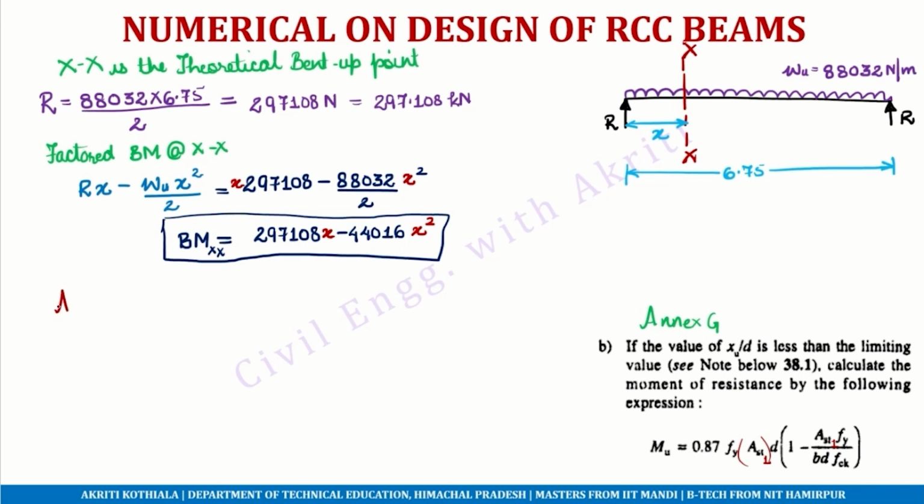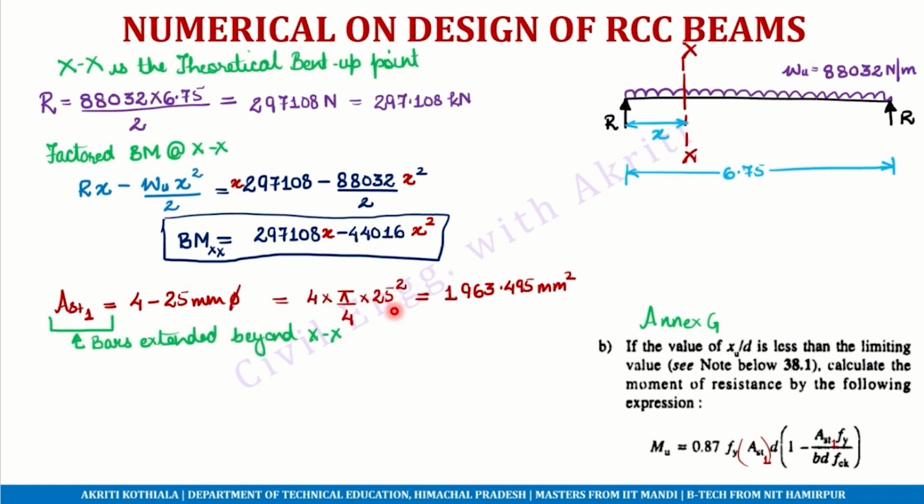Now AST1 is the steel that is remaining or entering into the support beyond this point xx, which is equal to 4 bars of 25 mm diameter. So when we calculate this, we get 4 into pi by 4 into 25 square, which gives us 1963.495 millimeters square. That is, these are the bars which are extended beyond the bent up section of xx. So 4 bars of 25 mm are being extended in this direction.